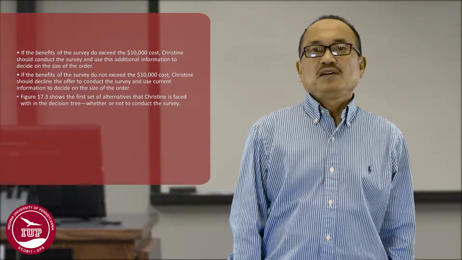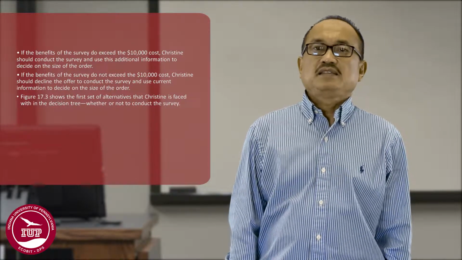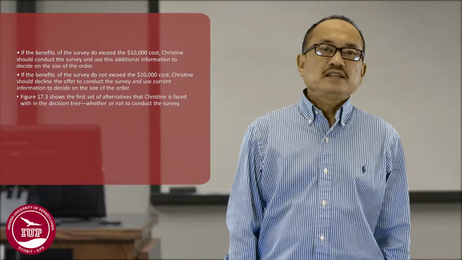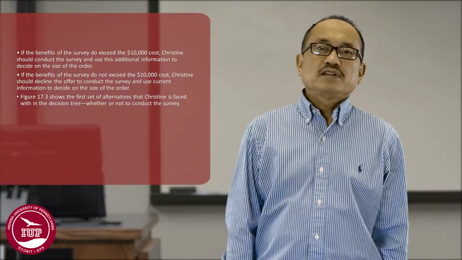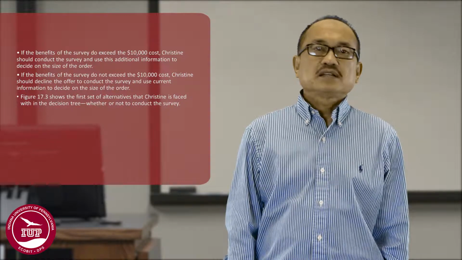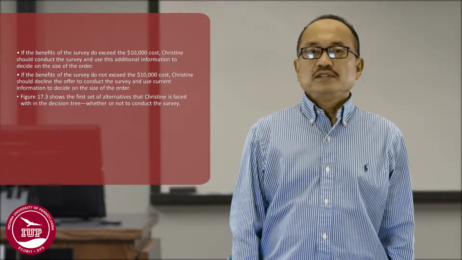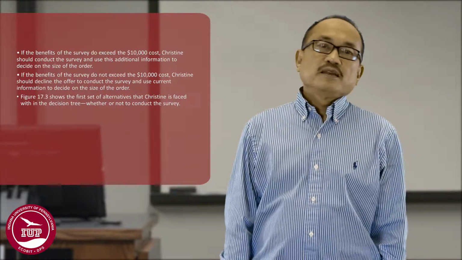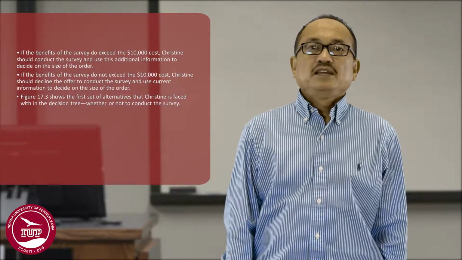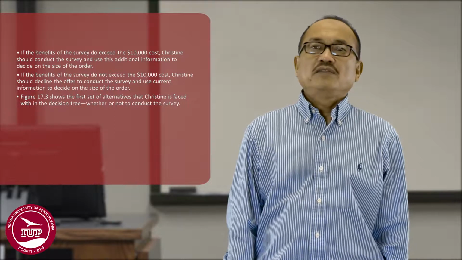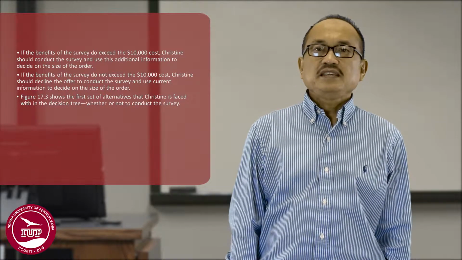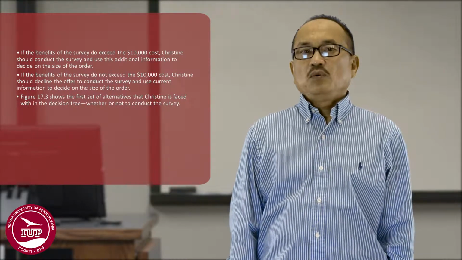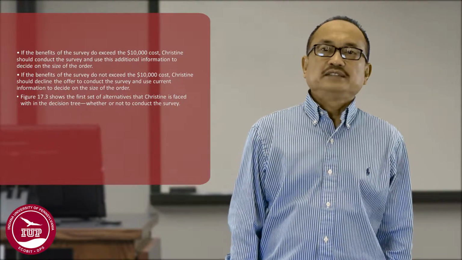If the benefit of the survey does not exceed the $10,000 cost, Christine should decline the offer to conduct the survey and use current information to decide on the size of the order. Figure 17.3 shows the first set of alternatives that Christine is faced with in the decision tree: whether or not to conduct the survey.